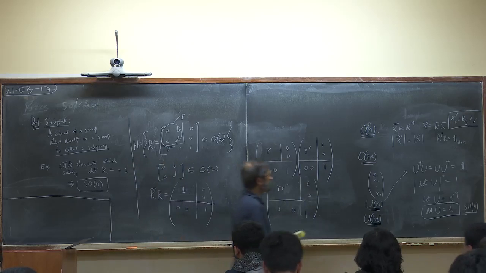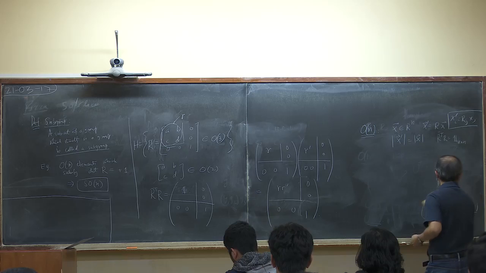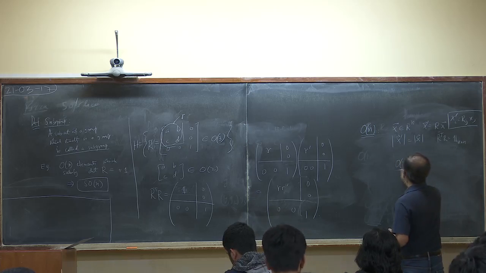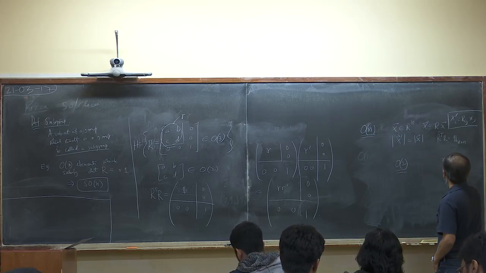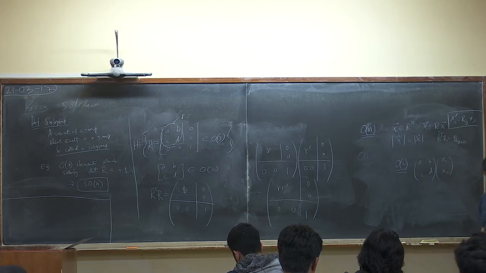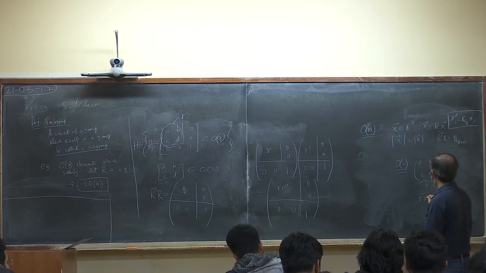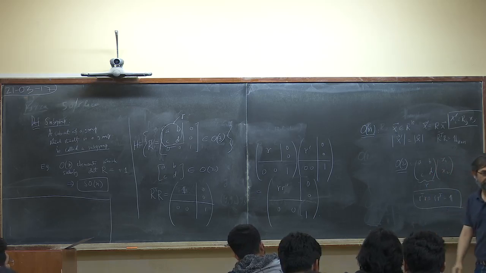I start with some two-dimensional vector, and I multiply this by a 2 by 2 matrix such that this happens.